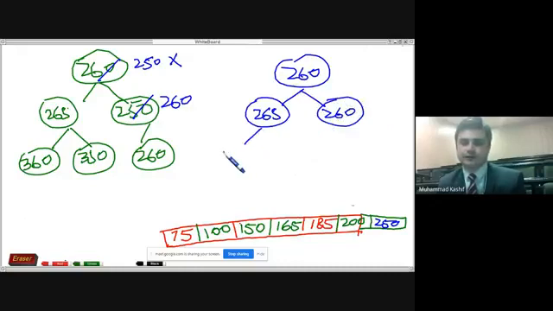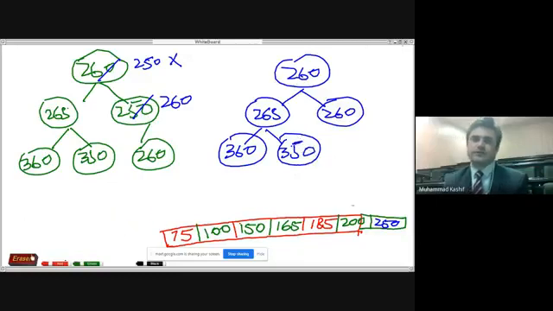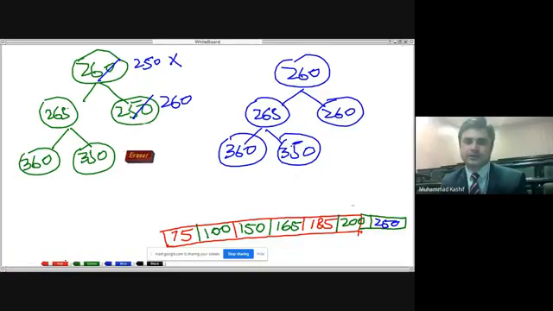On the left of 265 we have 360, on the right of 265 we have 350, and that's it. So this is the tree we have got, and as you can see, this node has been deleted, right?